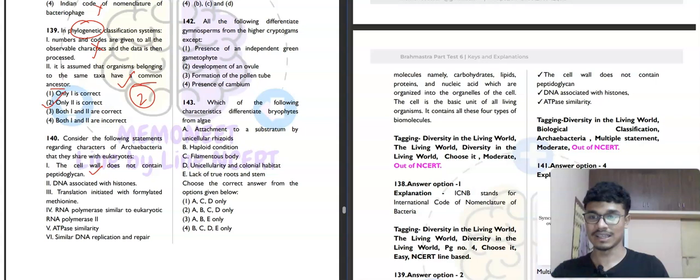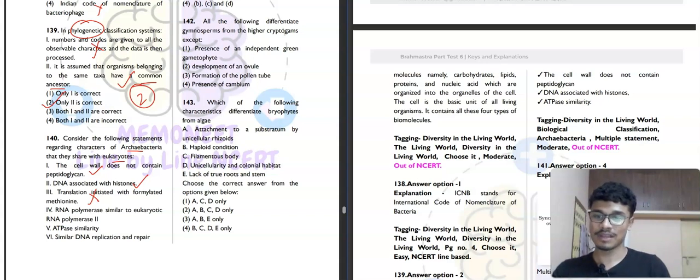Yes, archaebacteria share this, so this is a correct one. Then DNA associated with histones is also correct. And then translation initiated with formylmethionine. This is not correct. This is not the same for archaebacteria and eukaryotes.